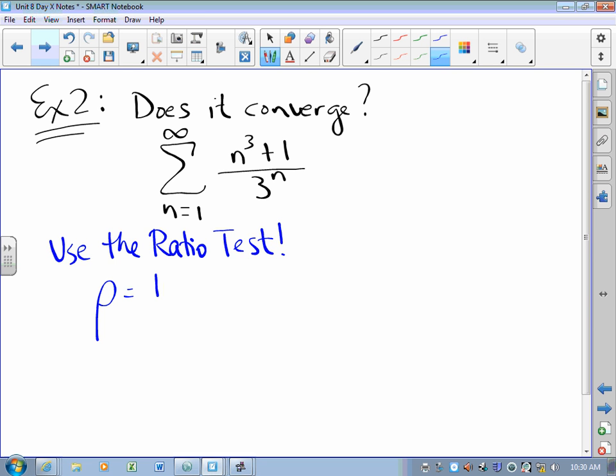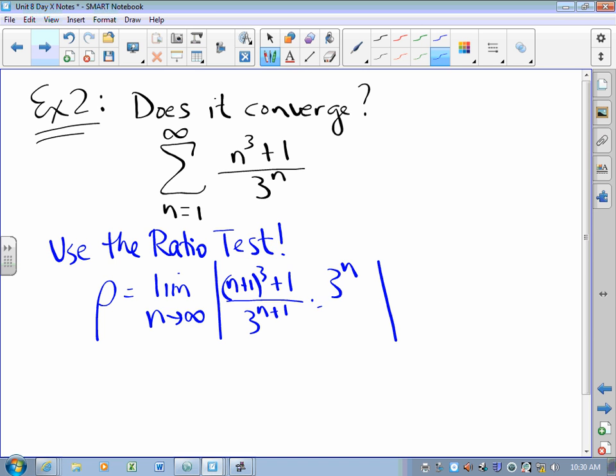So, row, row, row your boat gently down the stream. It's the limit as n approaches infinity of the absolute value of the n plus 1th term over the nth term. A little bit of algebra will help us out here. 3 to the n plus 1 leaves you with just a 3.